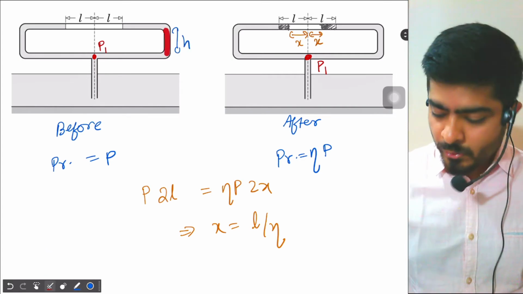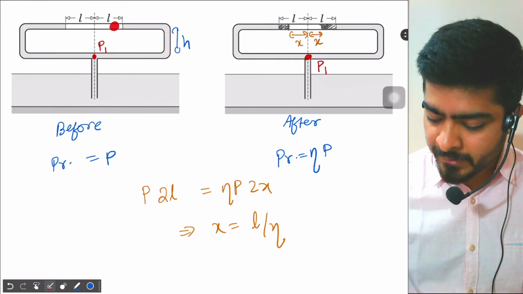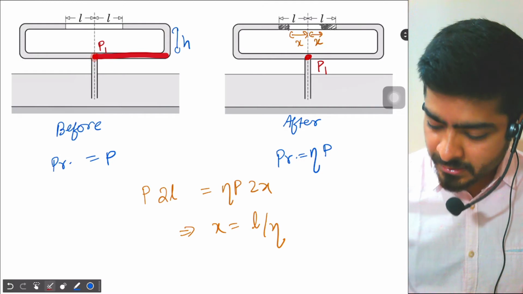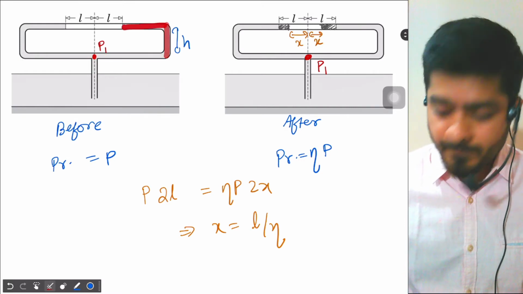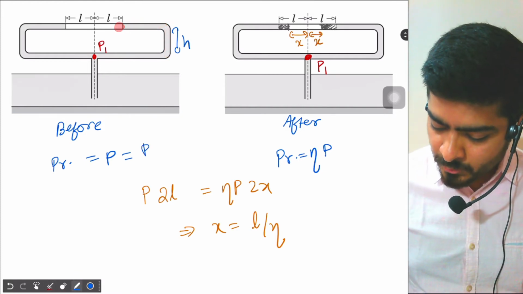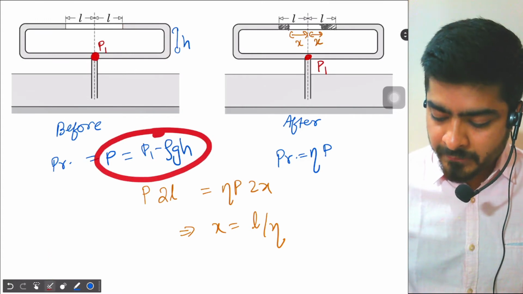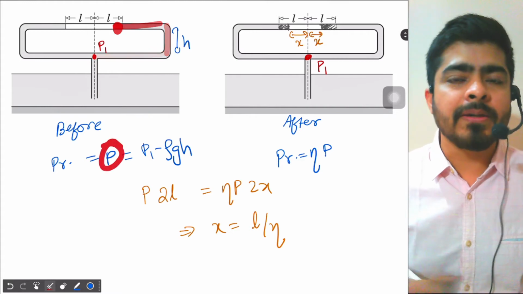The pressure of the air over here, P, will be related with P1. How? P1, no change in pressure along the horizontal section, then it will decrease by rho g h, no change in pressure over here, and we get the pressure over here, P. So we can write that P is equal to P1 minus rho g h.